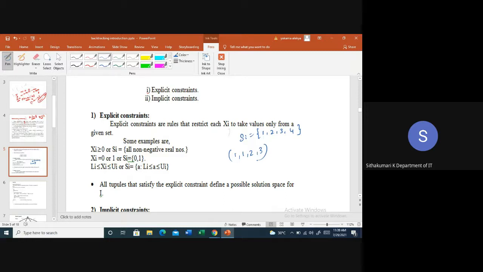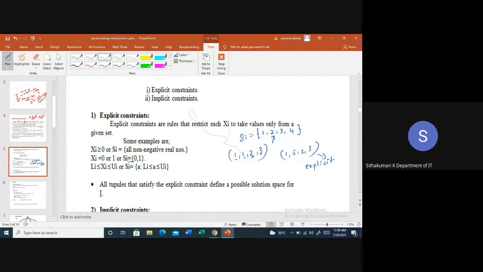Because what is the explicit constraint? Each and every xi should be chosen from the finite set Si. For example, 1, 5, 2, 3 is not satisfying the explicit constraint. Why? Because 5 is not included in the finite set, so how can it satisfy the explicit constraint?